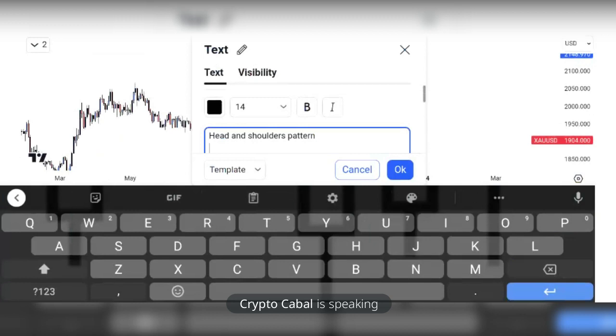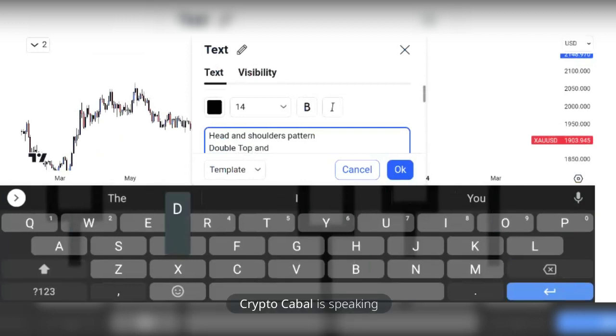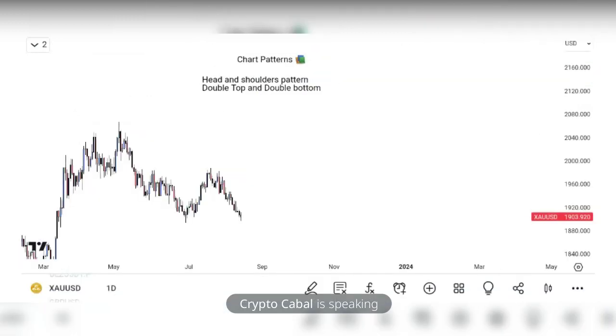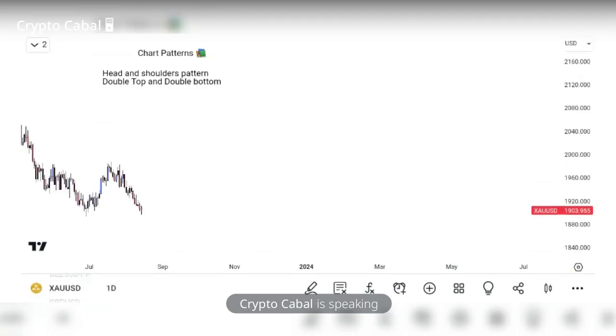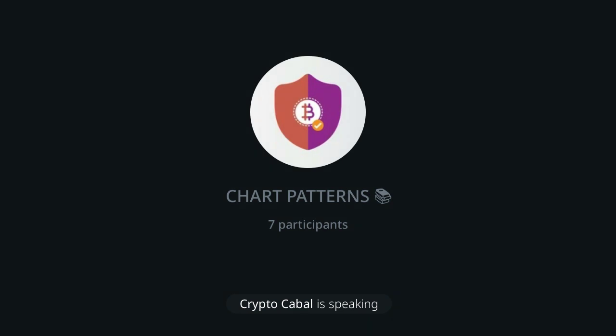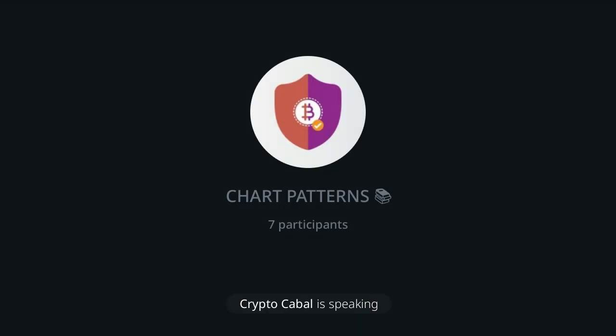We also have the double top and double bottom pattern. We'll be talking about these two patterns I listed, though we have many types of chart patterns. We have the bearish flag, the bullish flag, different patterns, but we are going to talk about just these two tonight.